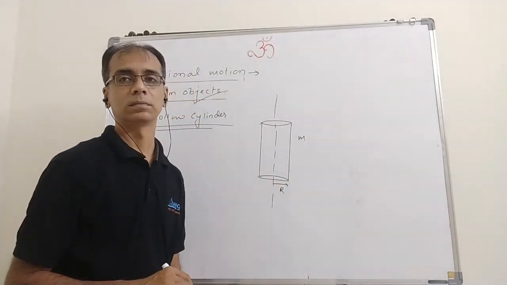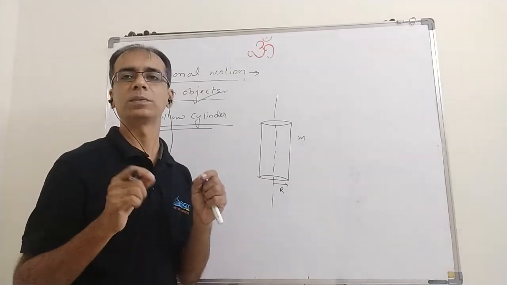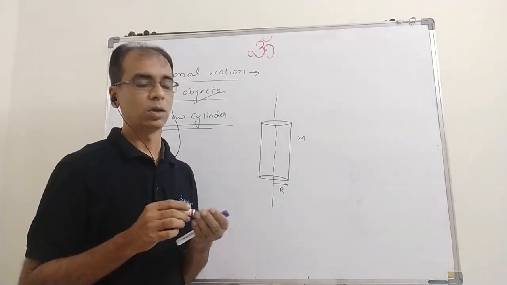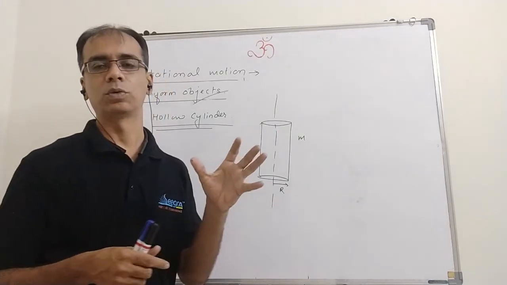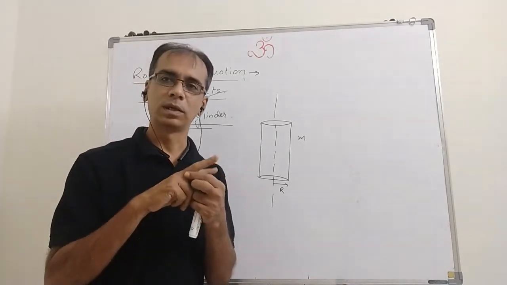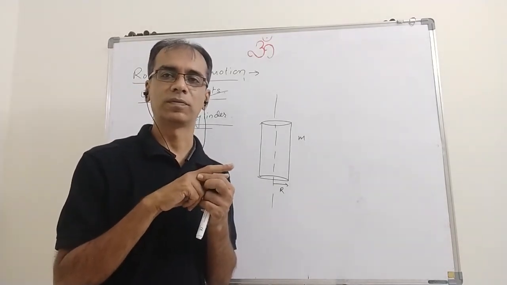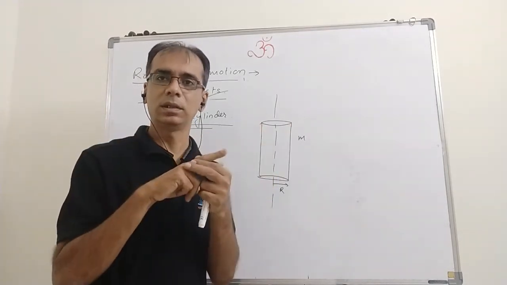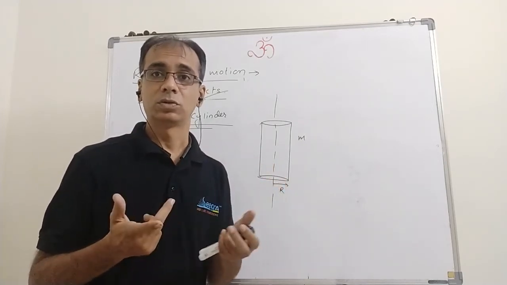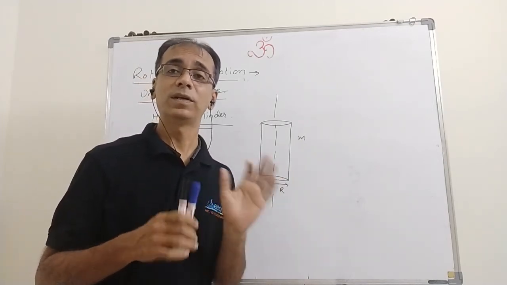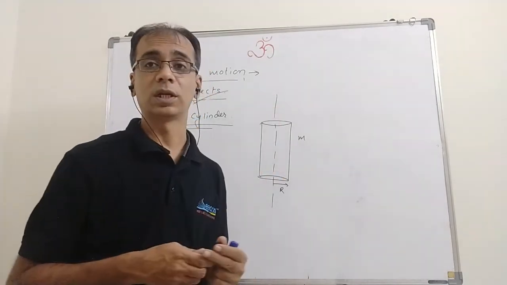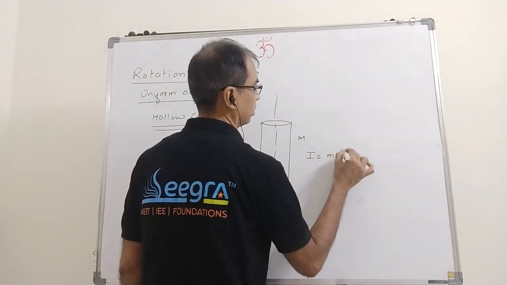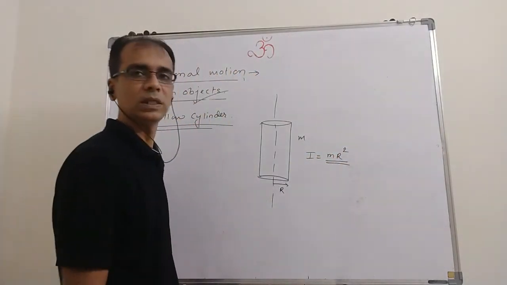Ring was there, whose thickness we normally don't take. But here I am saying it's a ring only, but thick. Normally two types of rings you must have seen when you go to the jewelry shop. One will be a very thin ring, you put it inside finger. One will be a thick ring, slightly thick, but still that is also a ring. So this is a similar thing. If it is a ring and axis is passing through its center, then moment of inertia will be m r square. No need to worry, because we are saying it is a ring.